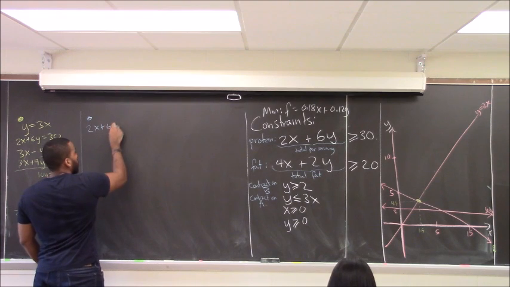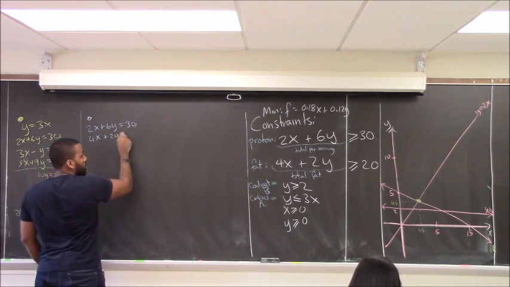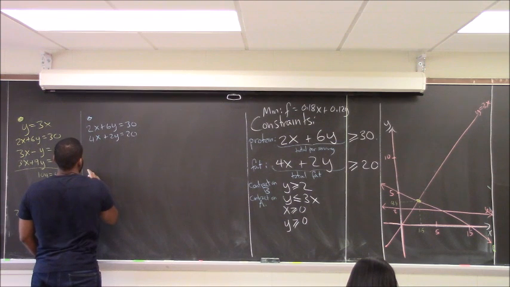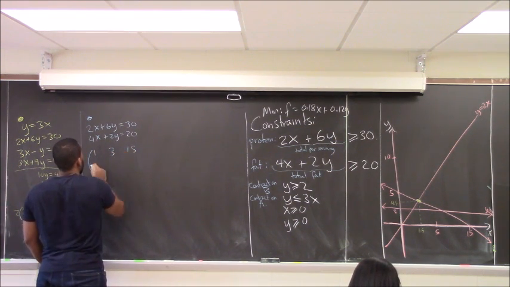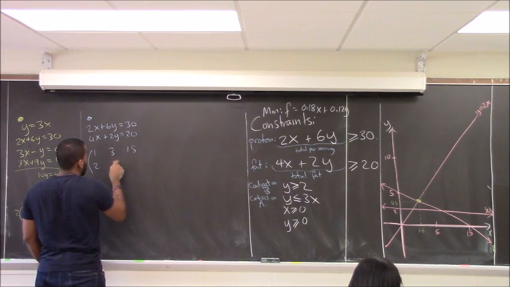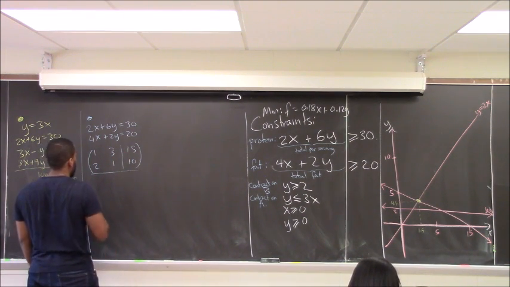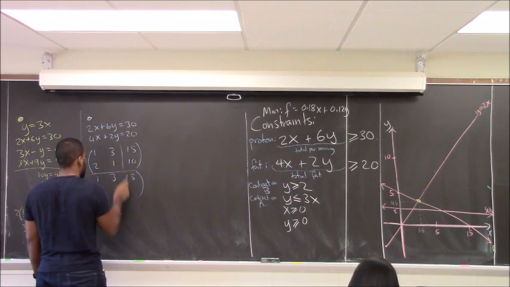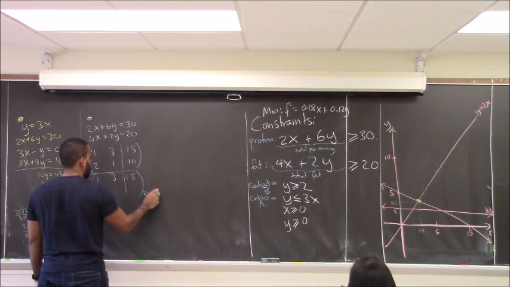So x plus 6y equals 30, 4x plus 2y equals 20. I can reduce that by 2, and reduce this by 2. You could also do a matrix version if you want. So that's 1, 3, 15, row 2 minus 2 row 1.